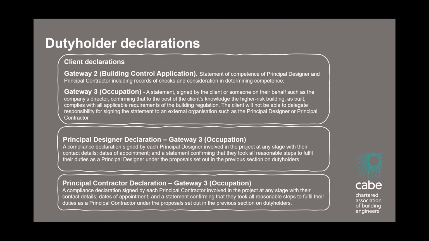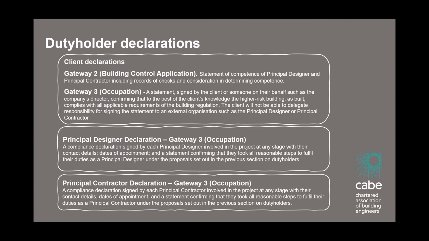And at gateway 3 occupation, the client has to sign a statement, or a statement signed on behalf of the client, that confirms to the best of the client's knowledge that the higher risk building as built complies with all applicable requirements of the building regulations. The client will not be able to delegate that responsibility to an external organisation such as the principal designer or principal contractor. They have to take that responsibility themselves.